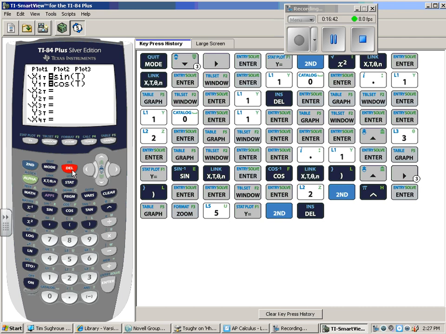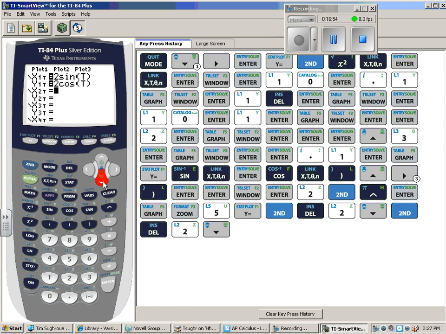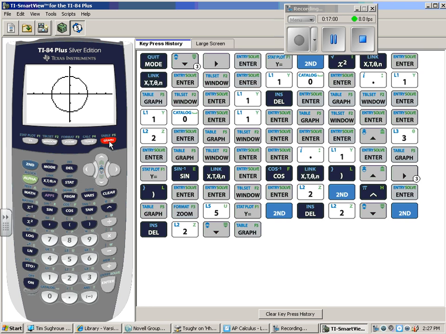That means I'm in insert mode, and I can put a 2 there. And I'll cursor down and do the same thing. Second, insert, put a 2 there, and cursor down. Now I'm going to graph this. Let's see what happens. It looks exactly the same, except now it's a circle with a radius of 2 instead of a radius of 3. So it appears that this is just changing the size of the radius.